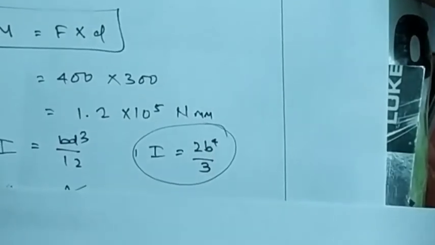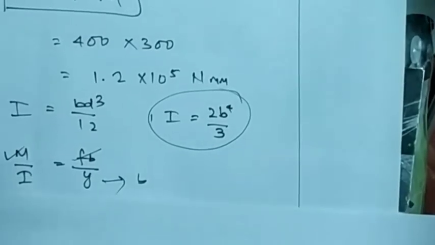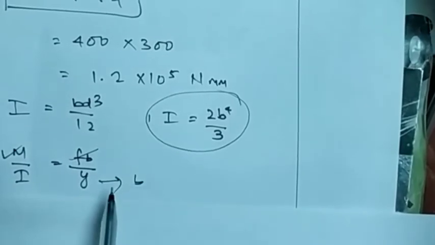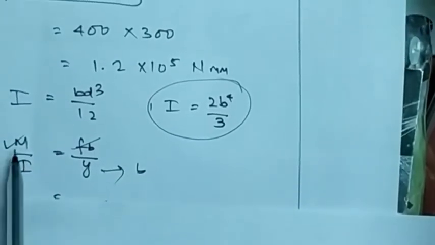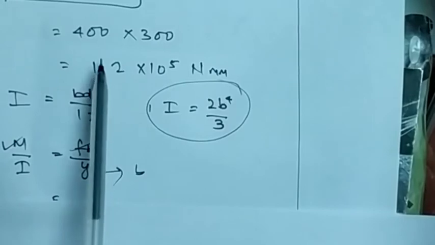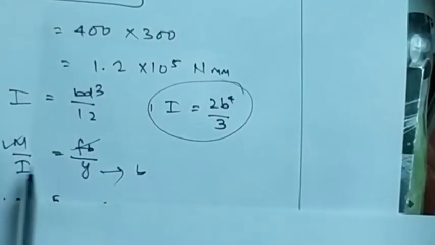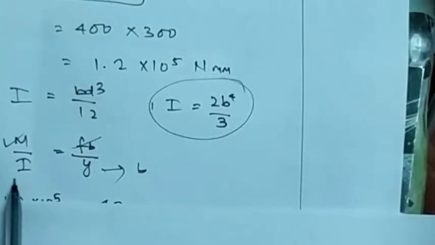Now by using the formula M upon I is equal to FB upon Y, M is given as 1.2 into 10 raised to the power 5, which we have calculated already. Further FB is given as 40. We have calculated the value of I, 2B raised to the power 4 by 3.